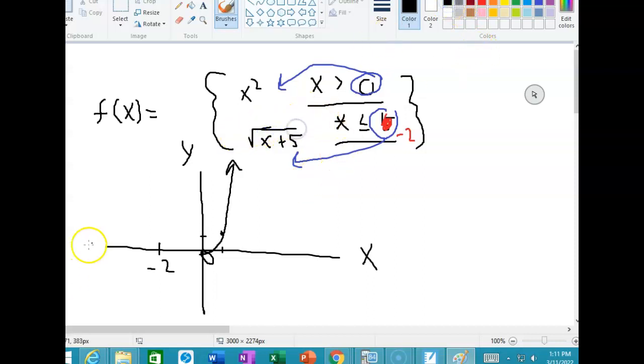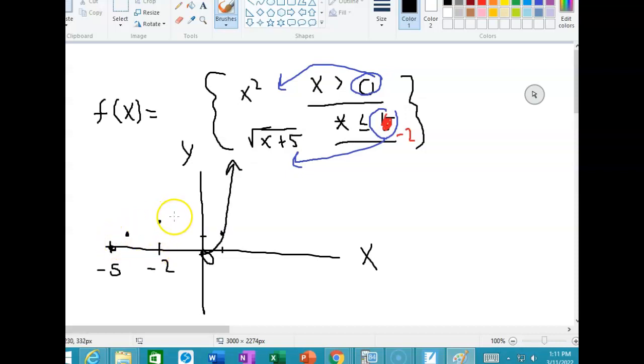So something like this. So this thing's going to start at (-5, 0). All right. And then any value of x that, you keep increasing the x, you're going to get a y value. For example, if I were to plug in -4, I'm going to get 1. And if I were to plug in -2, I would get the square root of 3.